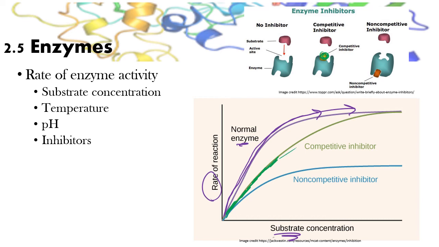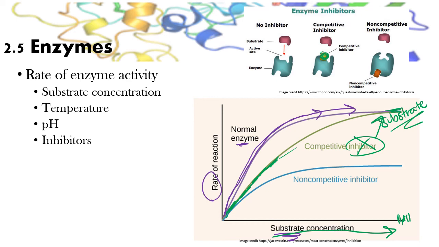But if I have a really high concentration gradient of the substrate, if I have a huge number of substrates, then statistically speaking, the substrate is going to bind to the enzyme more often than will the inhibitor, and we're going to have an increased rate of reaction to a point where the substrate is binding more than the inhibitor, and it's like the inhibitor doesn't even exist. We will plateau eventually at the same spot.